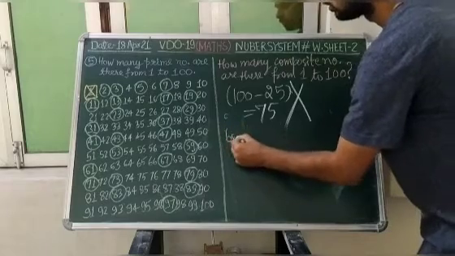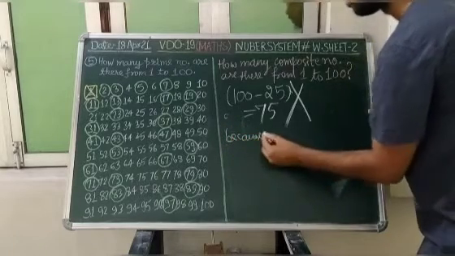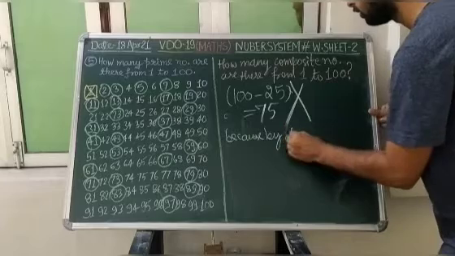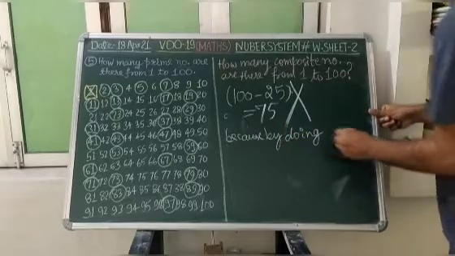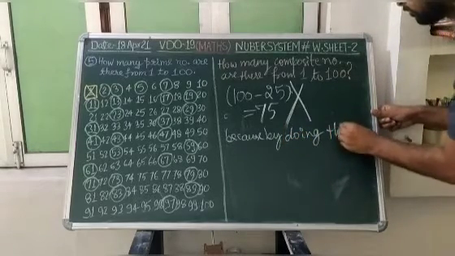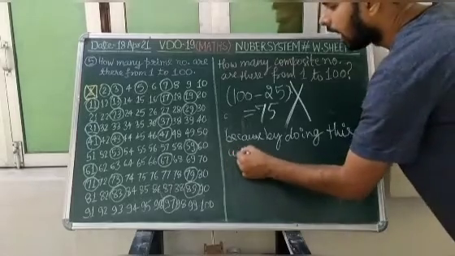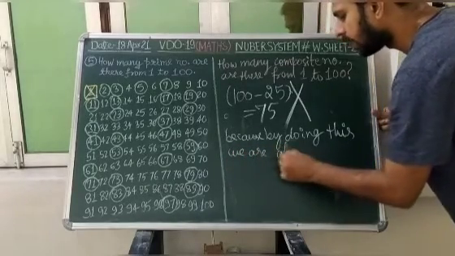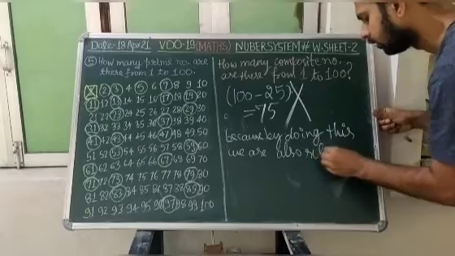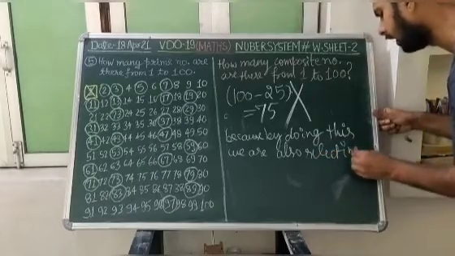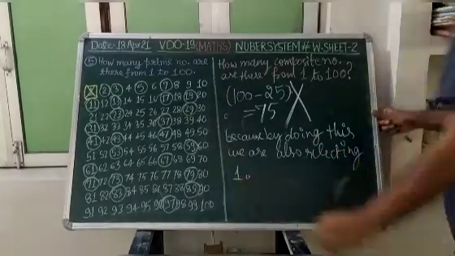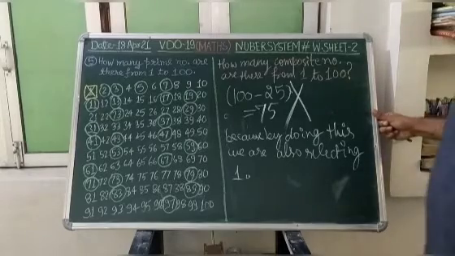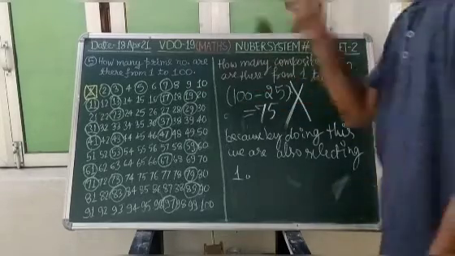Because by doing this, we are also selecting 1. So 1 you can't select.